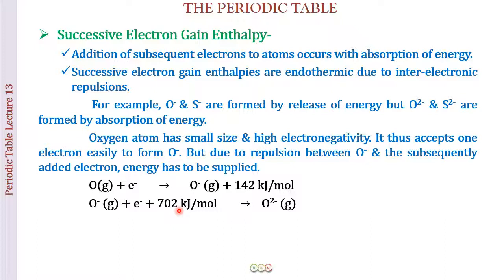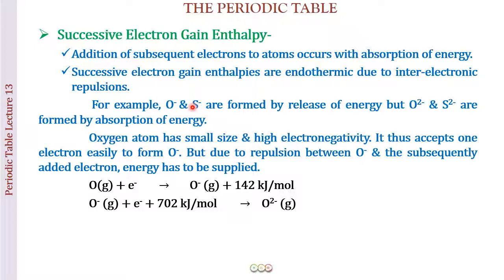So why is it so? Because oxygen has a small size and high electronegativity values, which we'll be discussing further in the course. It accepts the first electron easily to form the O negative, but when the O negative is formed, there is going to be repulsion between the electrons present and the added electron, and hence we have to supply the energy.